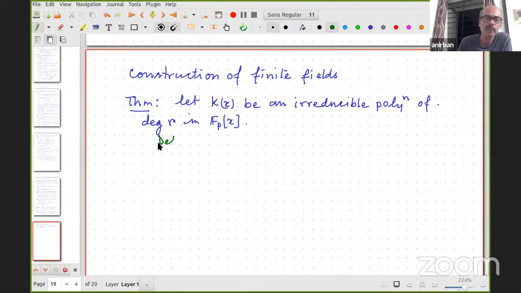Oh, sorry, let's change this. So we define a relation, and then of course afterwards we prove it to be an equivalence relation.